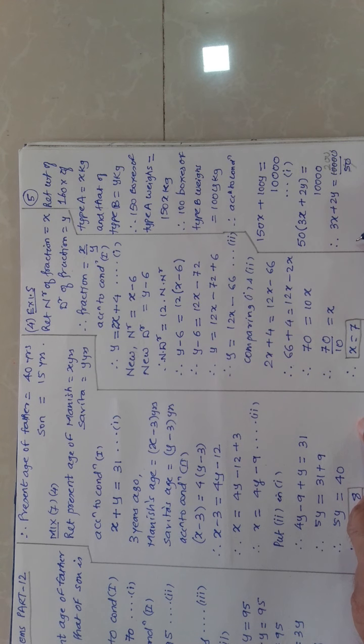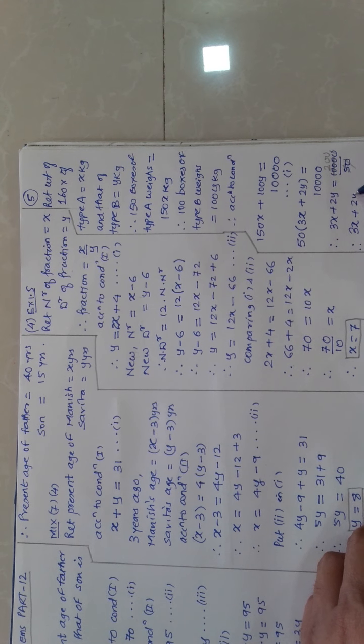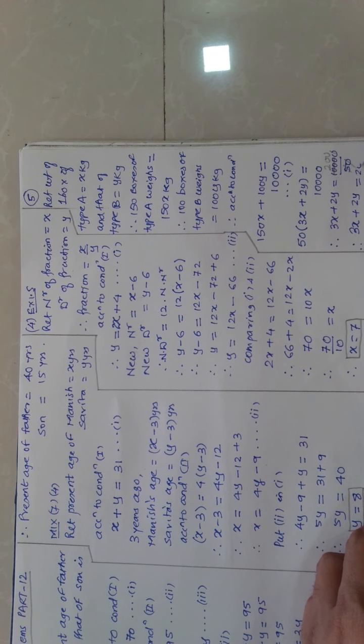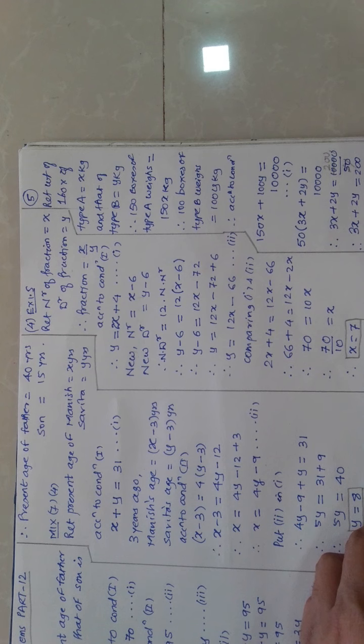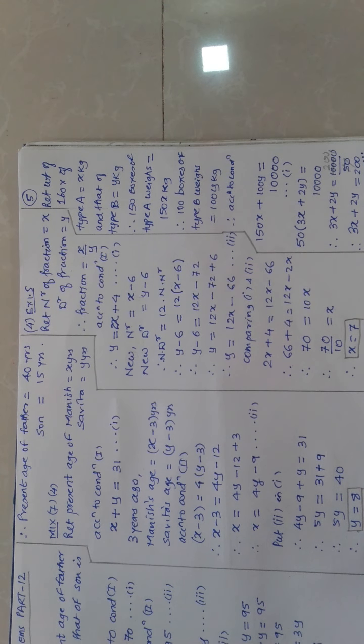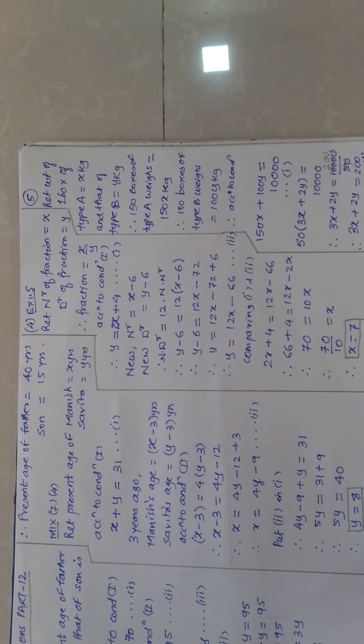So you will get here 3x plus 2y is equal to 200. This is your statement number two. Since I used the first one already, the first one has reduced to this second one, which is 3x plus 2y is equal to 200.